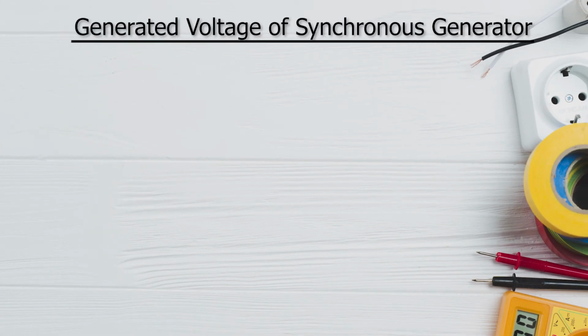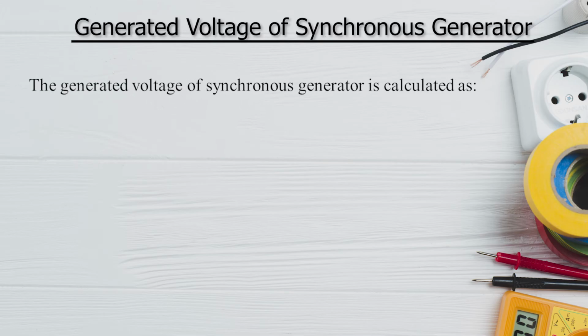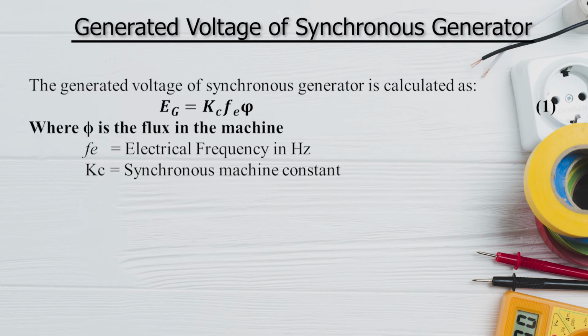Now let us see the generator voltage equation. The generated voltage of synchronous generator is given by this equation 1, which is Eg is equal to Kc into Fe into phi. This Kc is the synchronous machine constant.